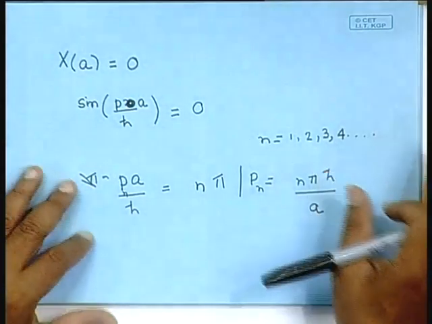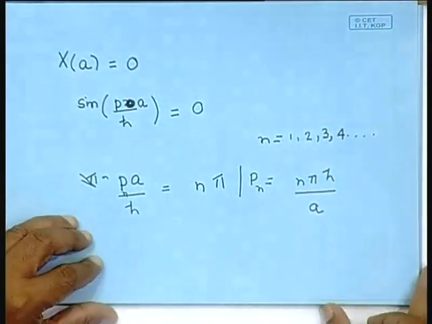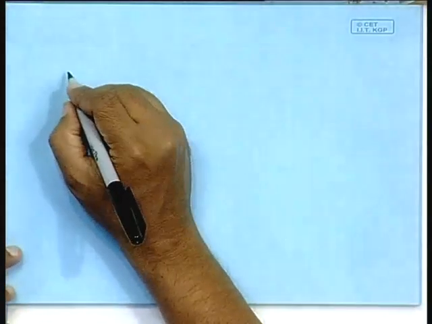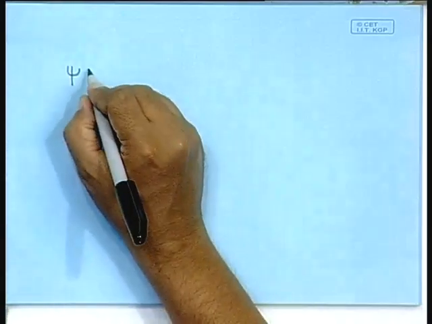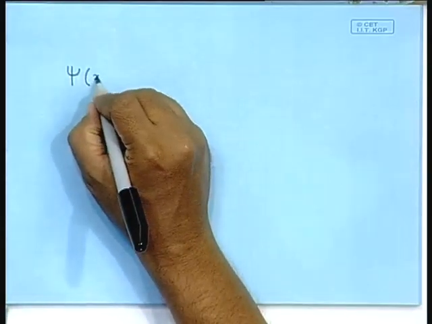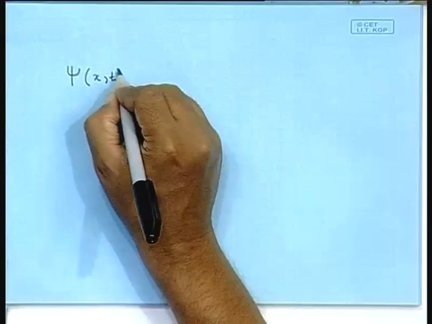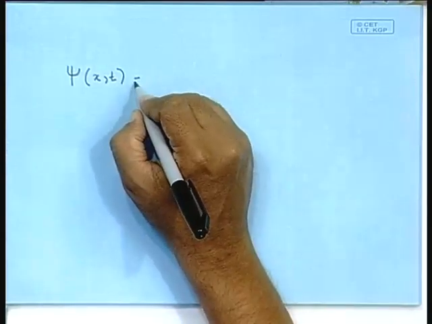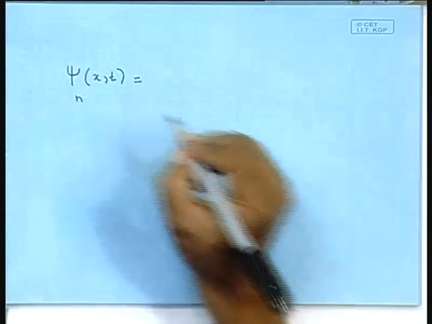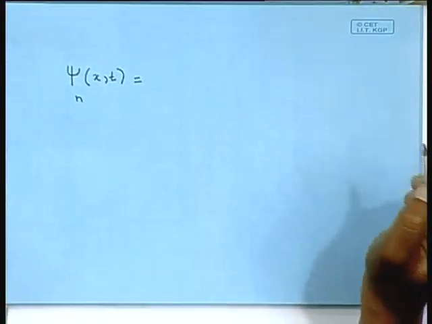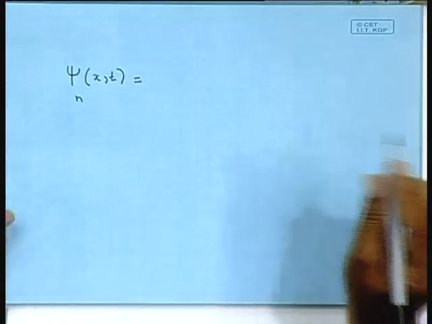So, let me write down the general solution which satisfies both the boundary conditions, that it has to disappear at x equal to 0 and x equal to a. Corresponding to every integer n, we have a different solution, psi n x t.